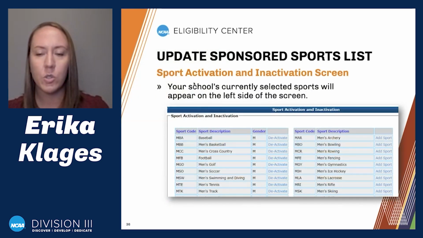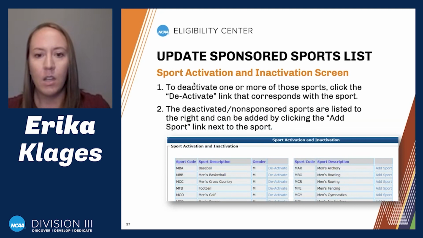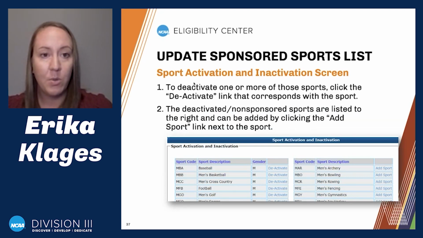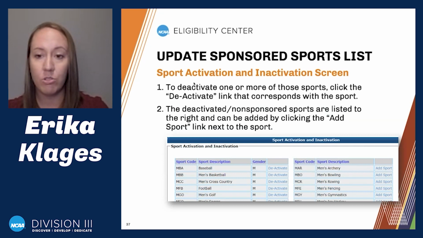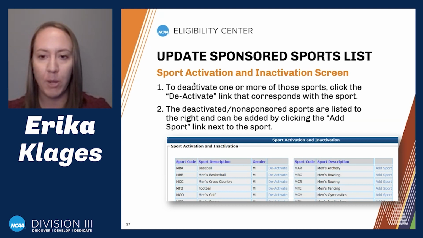Your school's currently selected sports are going to appear on the left, and then everything else is going to be on the right side. To deactivate a sport that you currently have active, you would just hit the deactivate button next to that sport. To add a new sport, again, hit the add sport button in the column on the right-hand side.